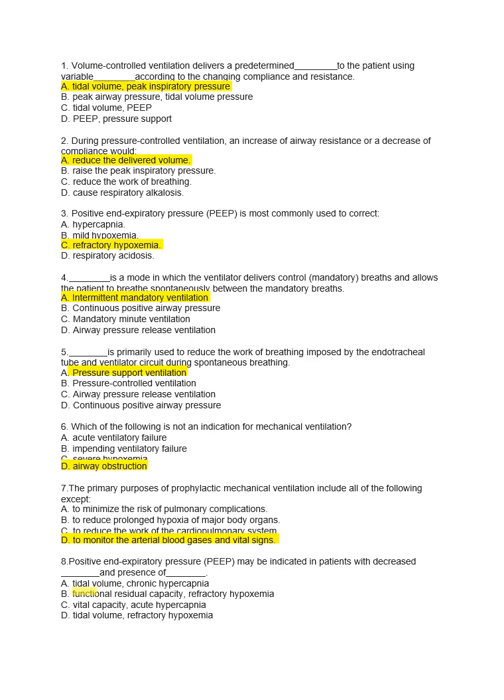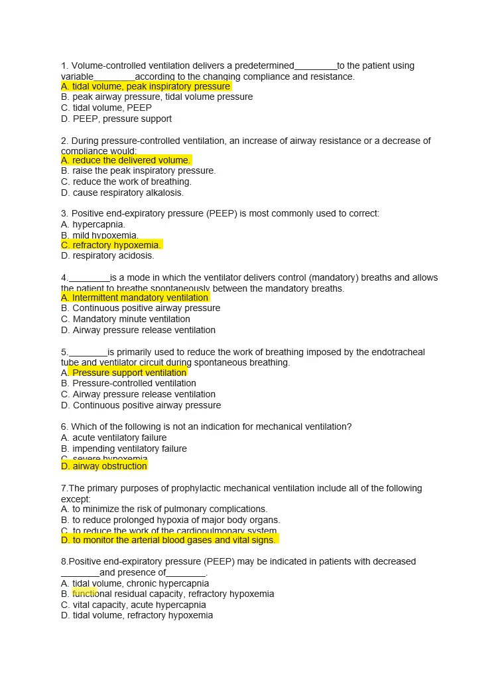Coming to the seventh question, the primary purpose of prophylactic mechanical ventilation includes all of the following except. Options are to minimize the risk of pulmonary complication, to reduce prolonged hypoxia of major body organs, to reduce the work of the cardiopulmonary system, and to monitor the arterial blood gases and vital signs. So the answer is D, to monitor the arterial blood gases and vital signs.